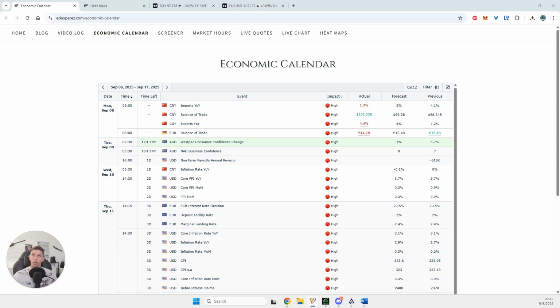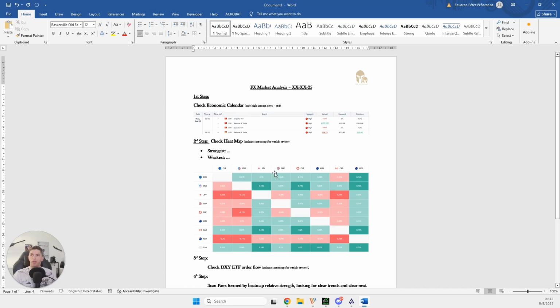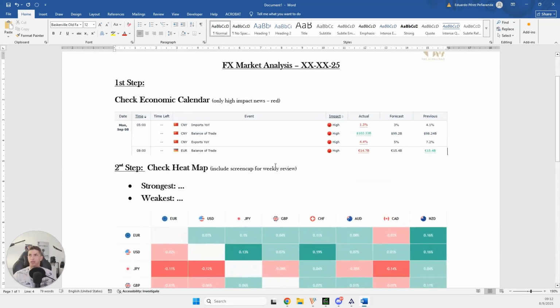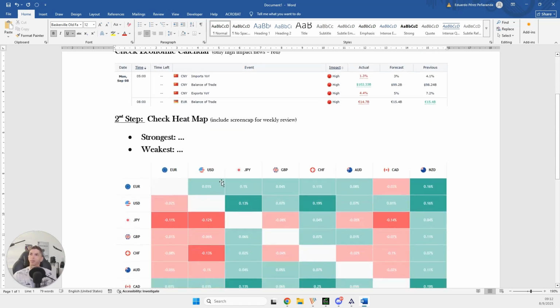The balance of trade, as usual, the Chinese is always positive. So we don't have anything for today that can affect our trades, right? The date is 8th of September of 2025.